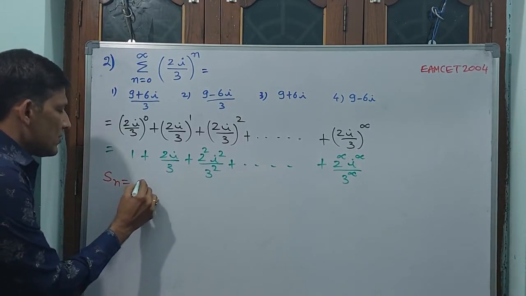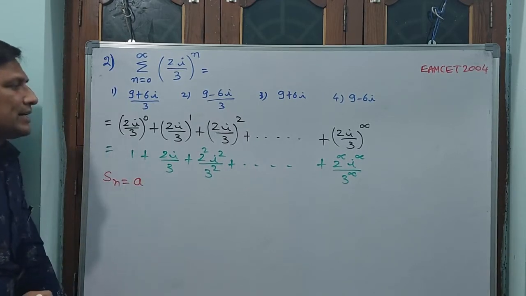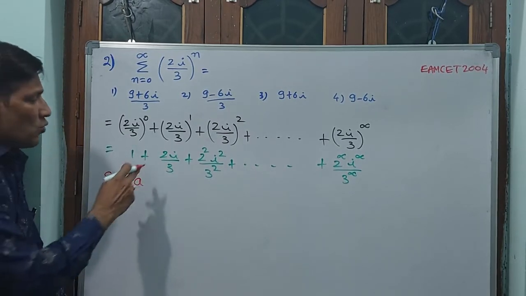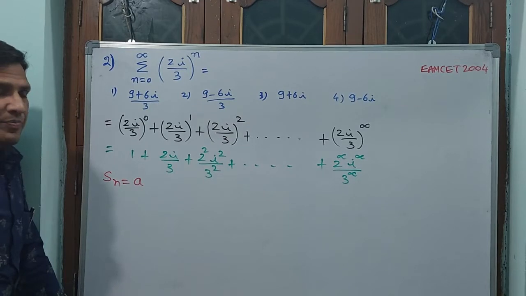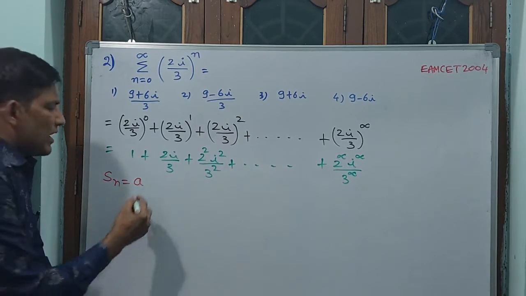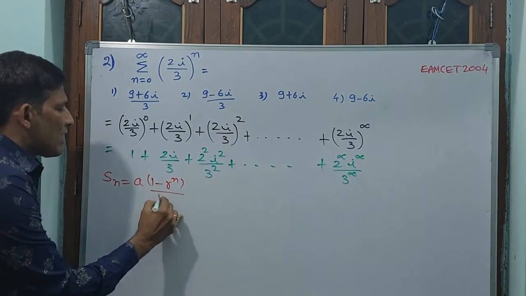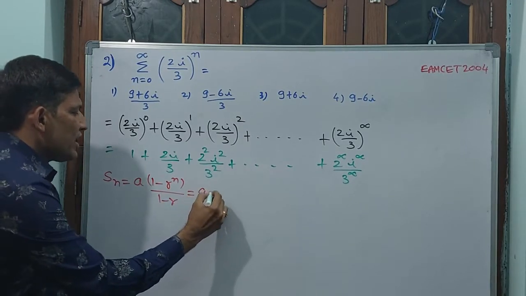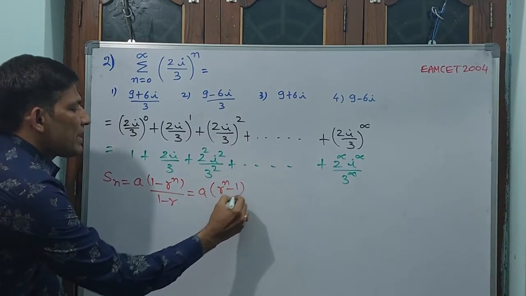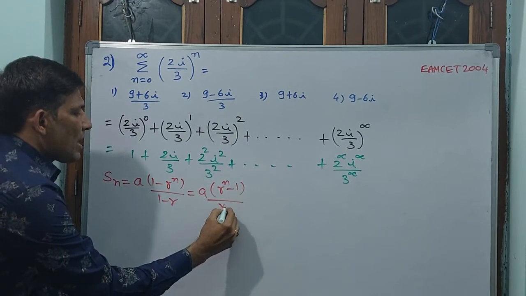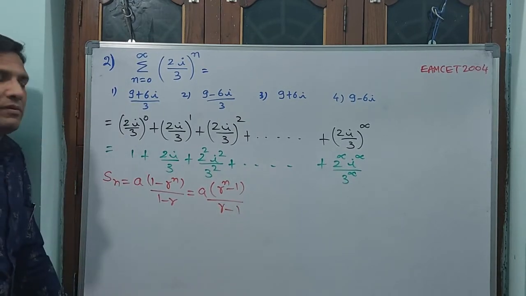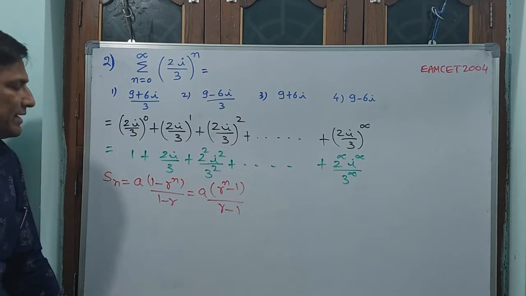Sn is equal to A into, and here 2I by 3 will come. 2 by 3, I value is what? Square root of minus 1. Let me write the formula first: A into (1 minus r power n) divided by (1 minus r), or A into (r power n minus 1) by (r minus 1). Okay? Like that we will write.